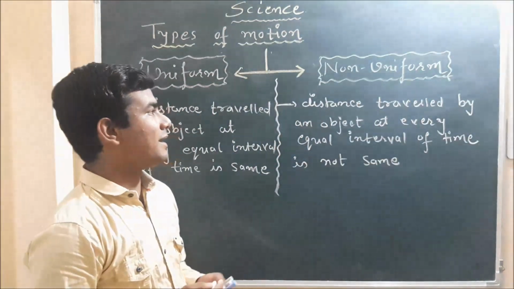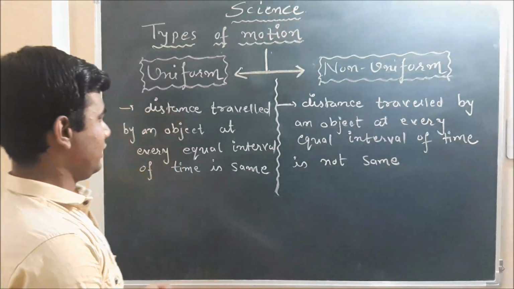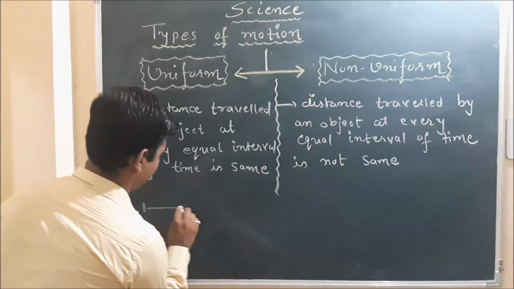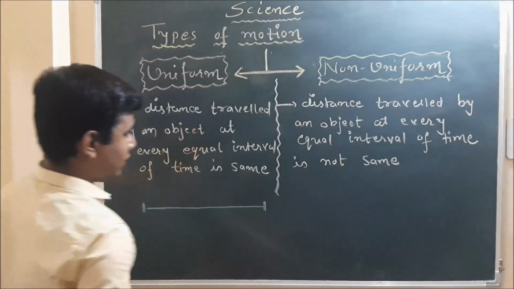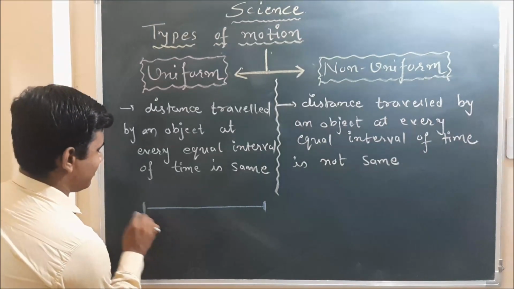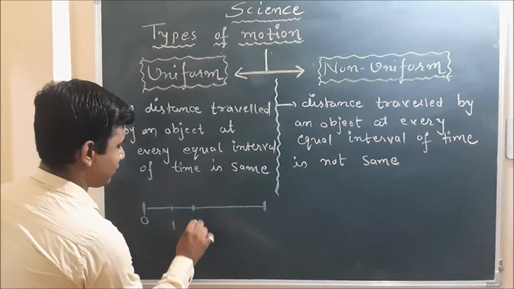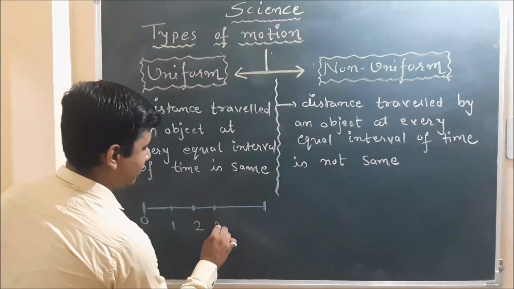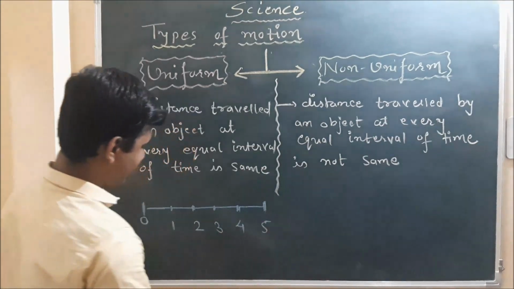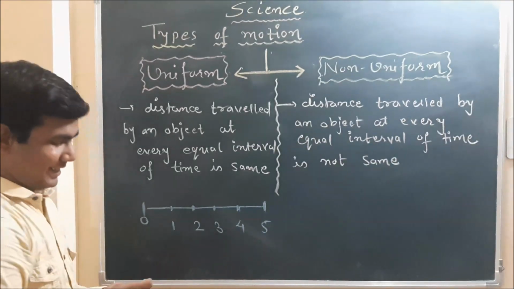Now let's take an example of uniform and non-uniform motion, so it will give us a clear concept. Suppose this is our timeline, so 0, 1 second, 2 seconds, 3 seconds, 4 seconds and 5 seconds. See, here there is an equal interval of time and that is 1 second.